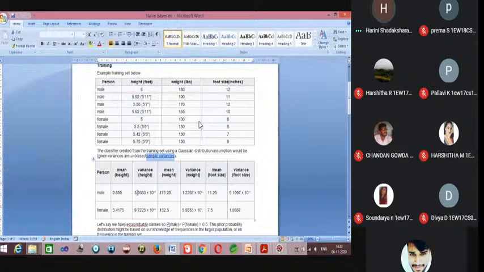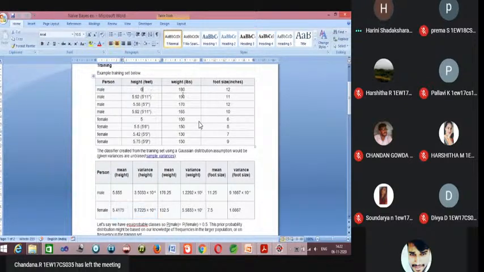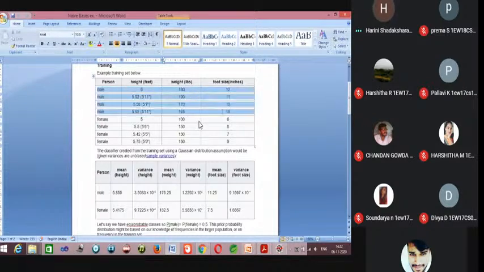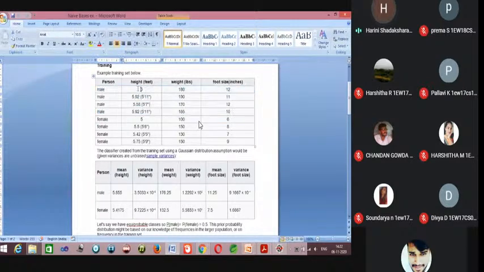So you are going to find out the mean and variance per classification per feature. Okay. Mean and variance of height for male, mean and variance of height for female, with the help of these values. So for male, these are the ones. Take these four values, find out the mean and variance.